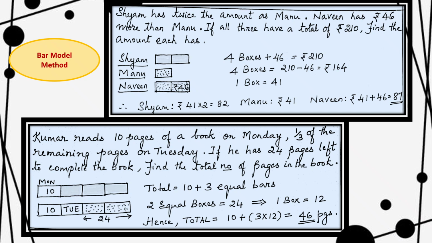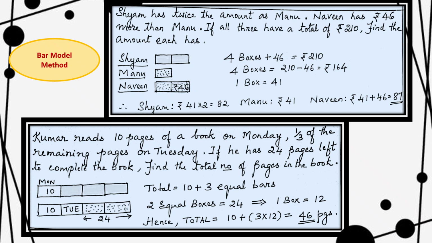Shyam's amount you got as rupees 41 into 2, and Manu's is rupees 41 itself, one box value, and Naveen's is 46 more than that one box, 41. So obviously you get it easy. So the approach makes us understand the concepts. So visualizing like this has to be done.